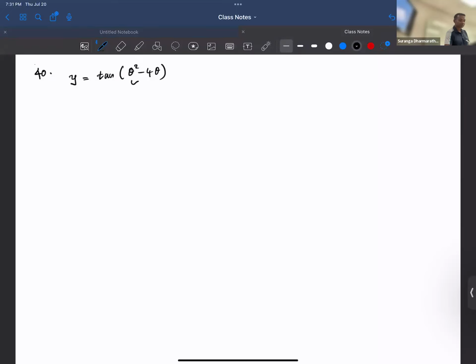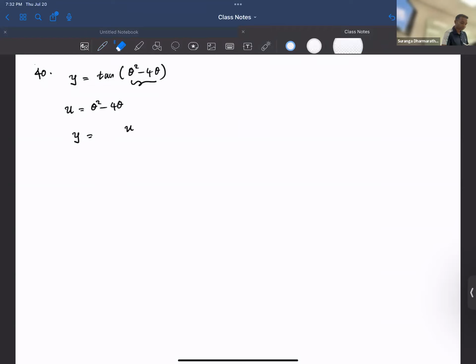Taking this as some function, right? So I call this u is equal to theta squared minus 4 theta. So identifying that is key, right? y equals tangent u, right? Now y is equal to tangent u.